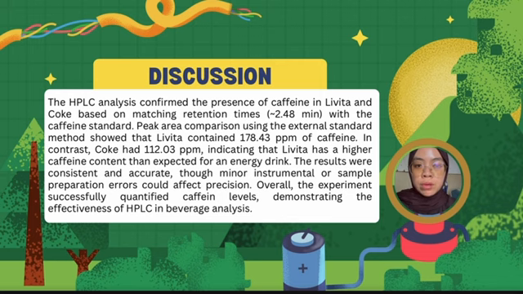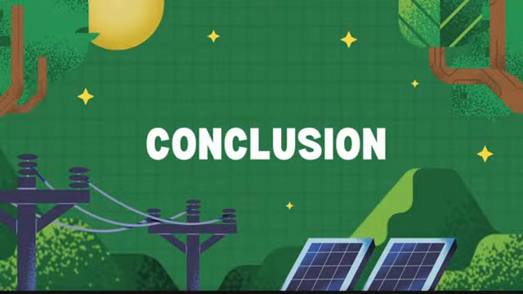In contrast, Coke had 112.03 ppm, indicating that Levita has a higher caffeine content, as expected for an energy drink. The results were consistent and accurate, even though minor instrumental or sample preparation errors could affect precision. Overall, the experiment successfully quantified caffeine levels, demonstrating the effectiveness of HPLC in beverage analysis.